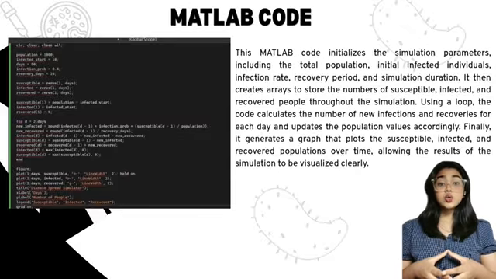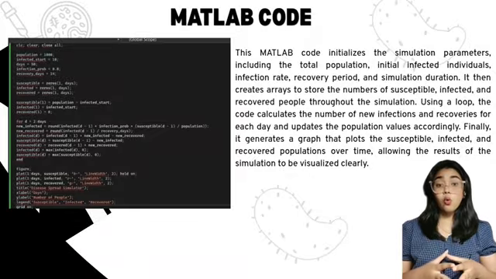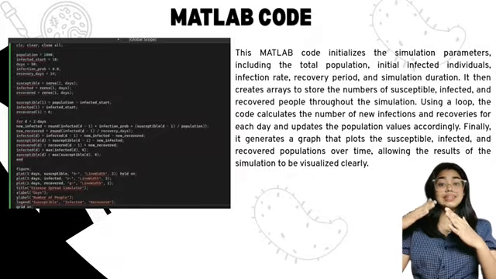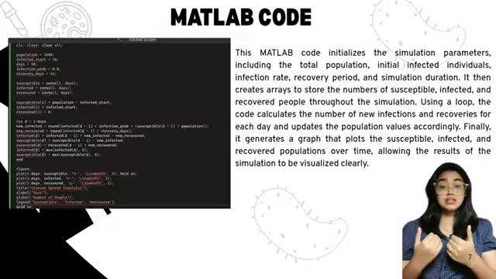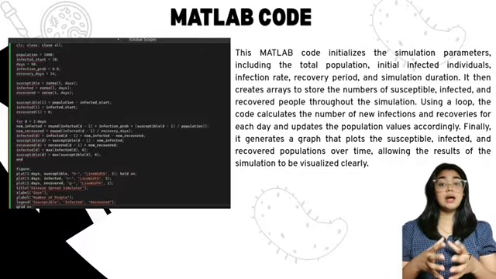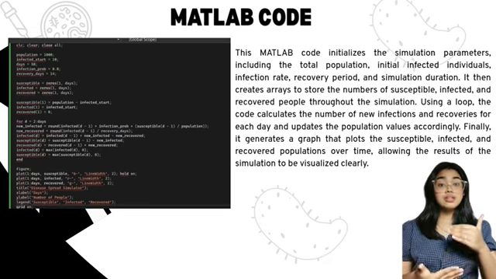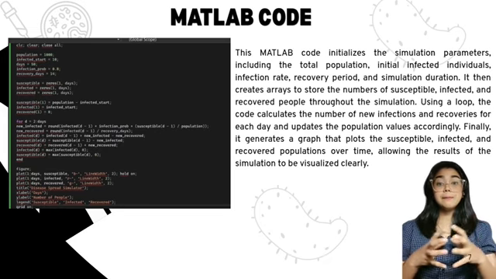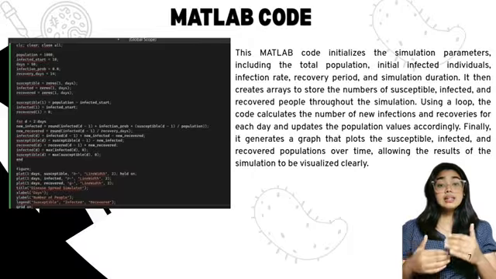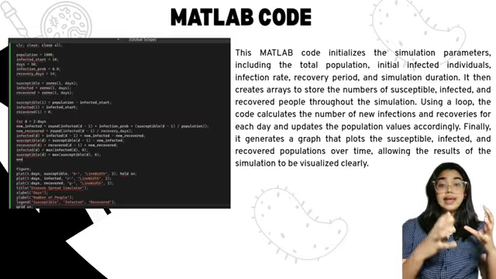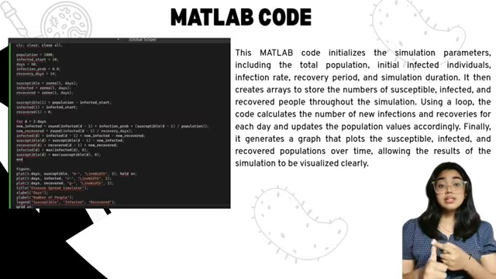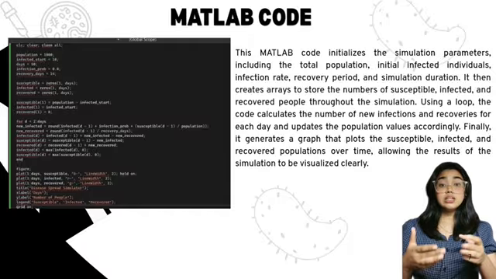This slide shows the actual MATLAB code we used for our simulation. The code starts by initializing all the parameters: the total population, the number of initial infected people, the infection rate, the recovery period, and the number of days simulated. And then it creates arrays to store the daily values: susceptible, infected, and recovered individuals.